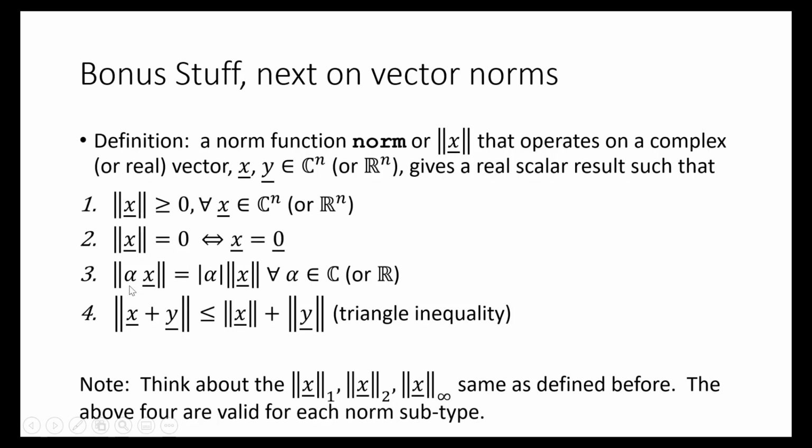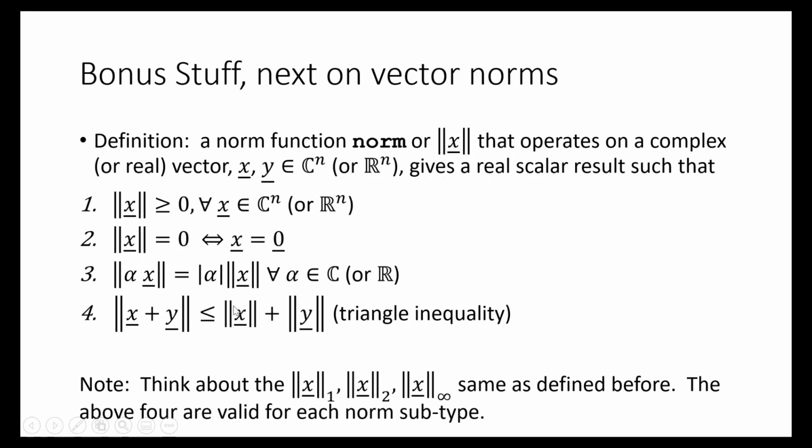And if you take a scalar that is a complex or real value, and you scale that vector, then that's going to be equal to the absolute value of the scalar times the norm of the x. I haven't said whether this is a 1 norm, 2 norm, whatever. I haven't said. In fact, it should be true regardless, whichever norm you're doing.